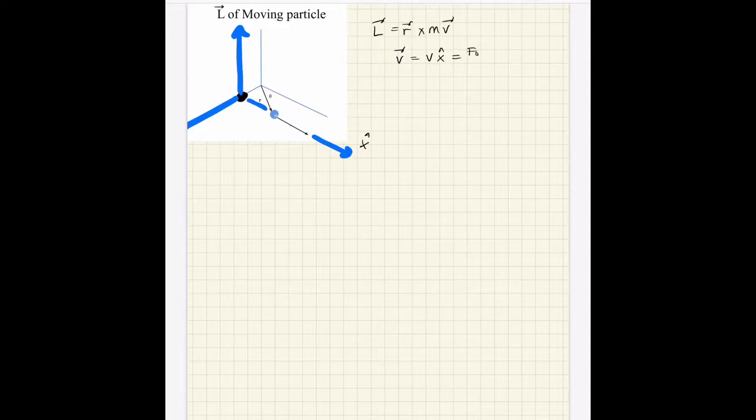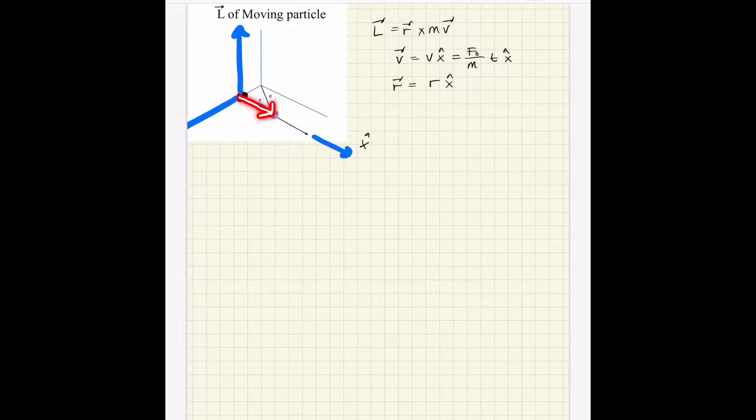Or if I kept true to my constant force that was acting on it, I would rewrite v as a function of time. It's really my r vector that's changed here, and in fact, r is now entirely in the x hat direction. It's pointing from the new axes that I've chosen.